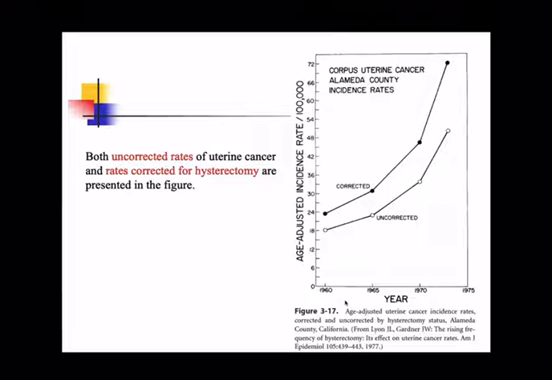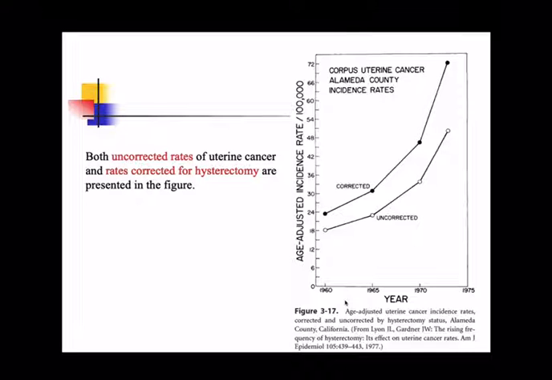The figure shows uterine cancer incidence rates from California. Both uncorrected rates and the rates corrected for hysterectomy are presented. We see that the corrected rates are higher. Why?